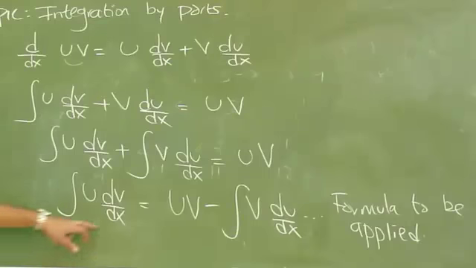Some people don't put the dx's, they just put dv. Is that fine? You don't really need to copy it because you get the formula. They won't ask you to prove the formula, for example, but in case you wanted to know where it comes from.